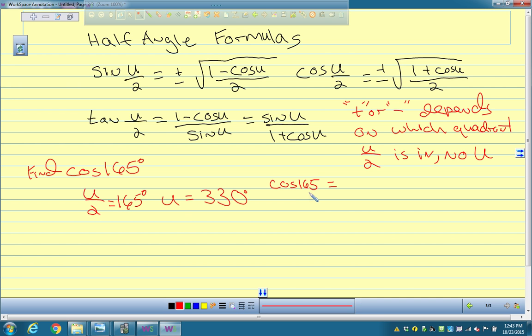Negative, because you're in the second quadrant, and cosine is negative there, so you go with the negative square root of 1 plus cosine of u. So you don't use 165, you use cosine of 330, because that's something you actually know, divided by 2. Anyone know what the cosine of 330 is? You should.